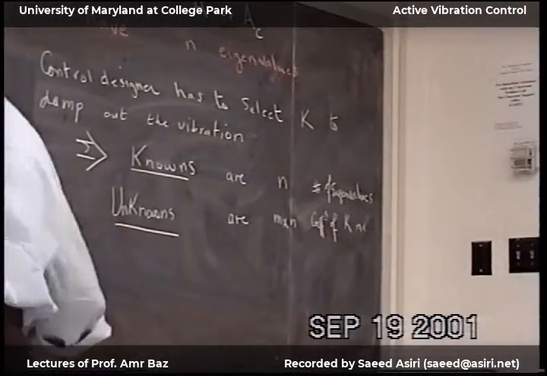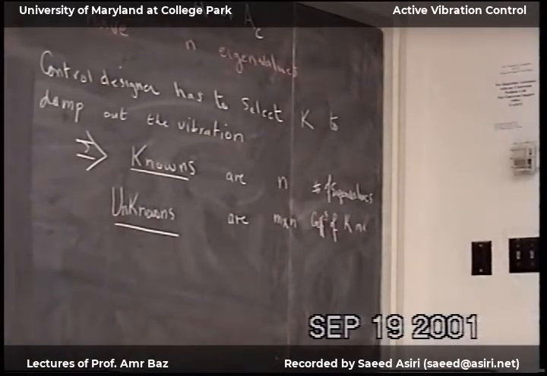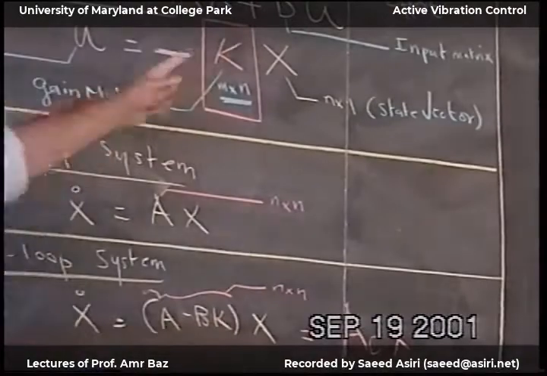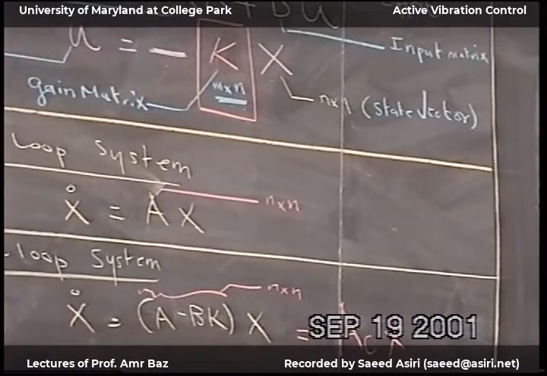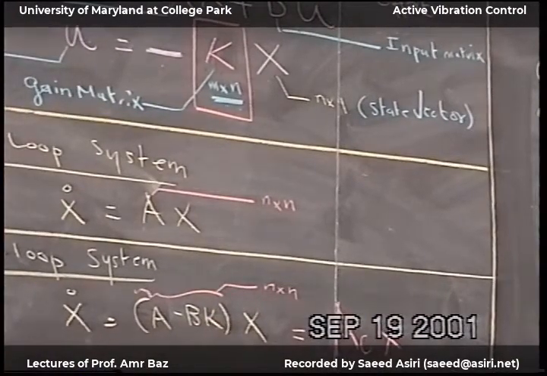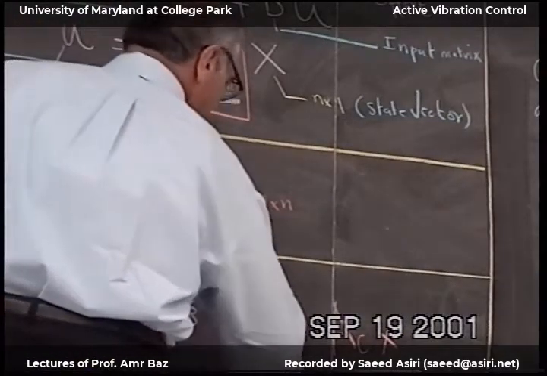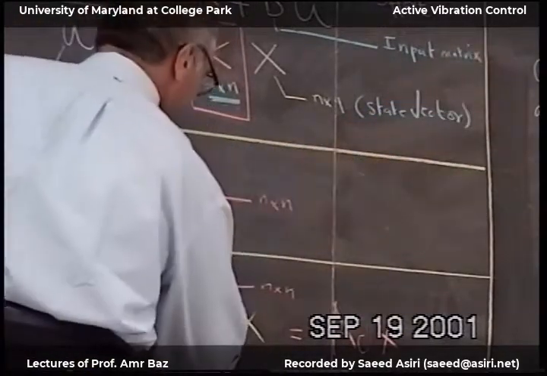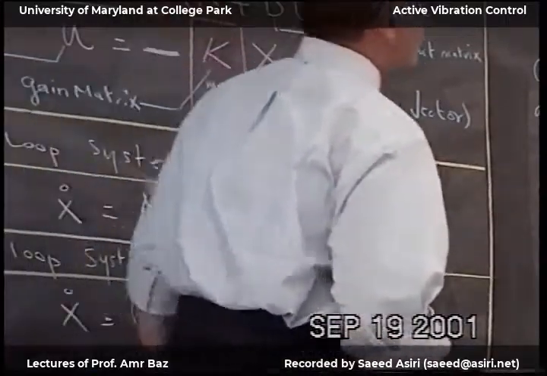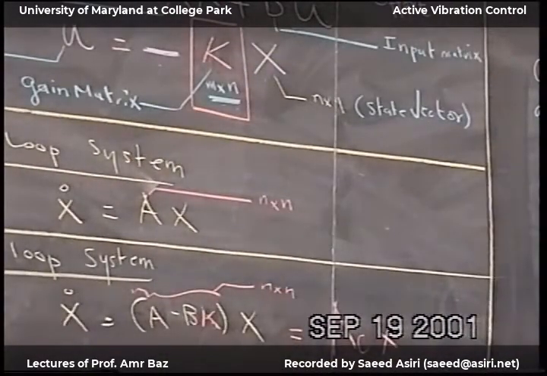Let me make this K. Like this, huh? This is different from the stiffness matrix. This is the gain matrix. In the notes I had it smaller, lower case. Okay, this is the gain matrix.